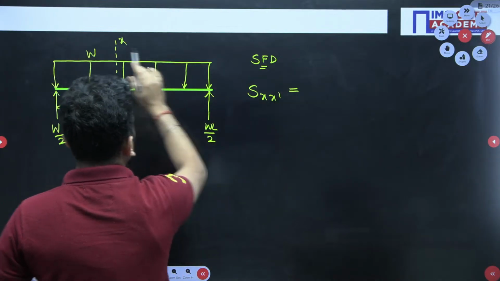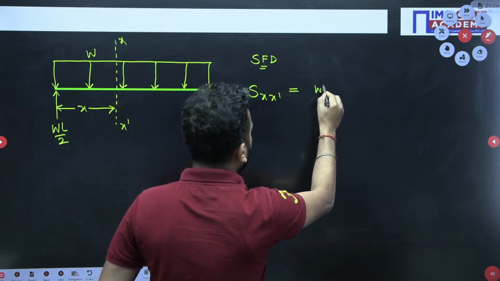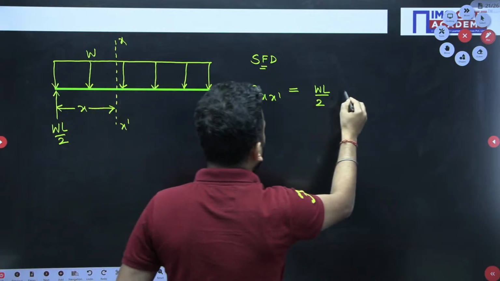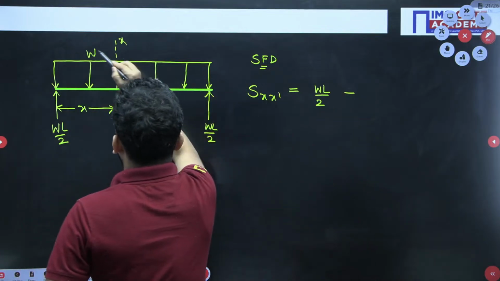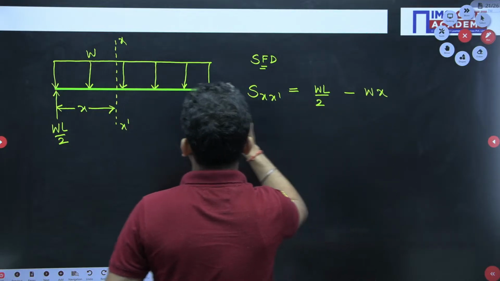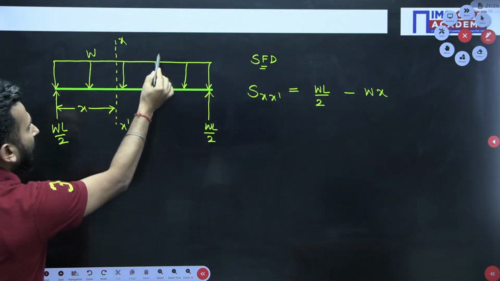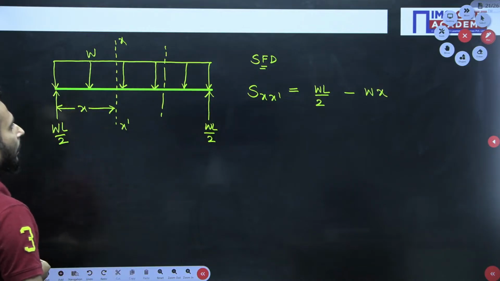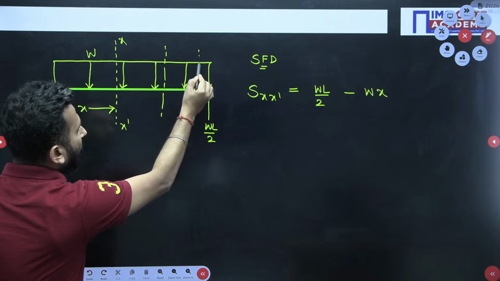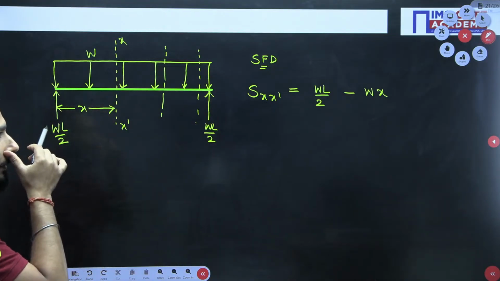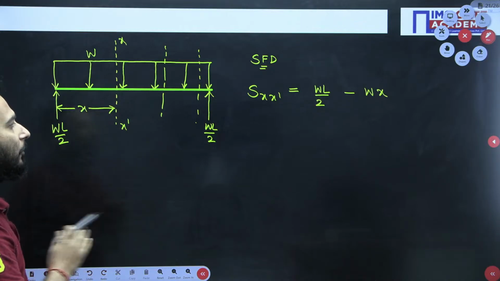So positive WL by 2, and this is coming downwards, so minus intensity into distance, W into x. If I ask you can you write it over here, you will write the same equation. So this is the equation which is applicable throughout the beam.